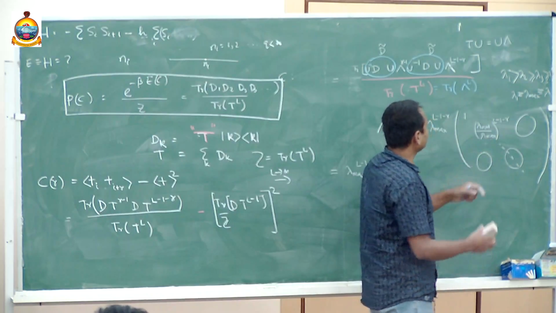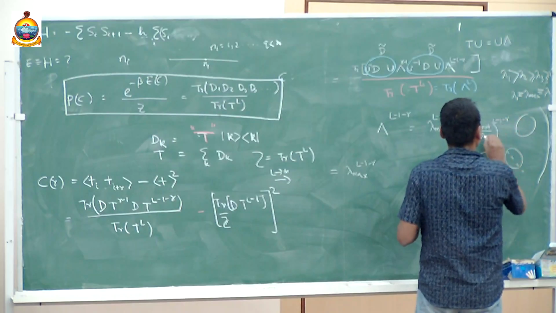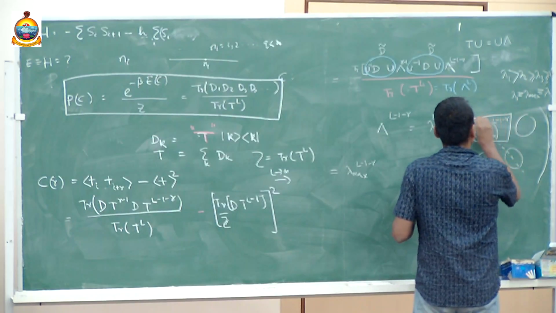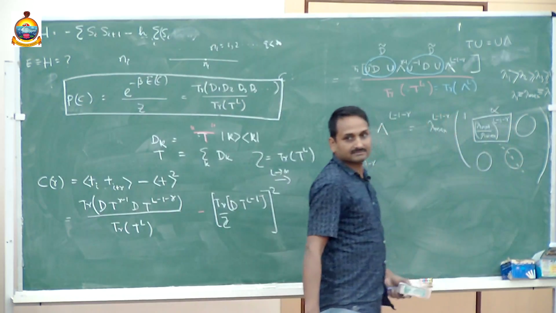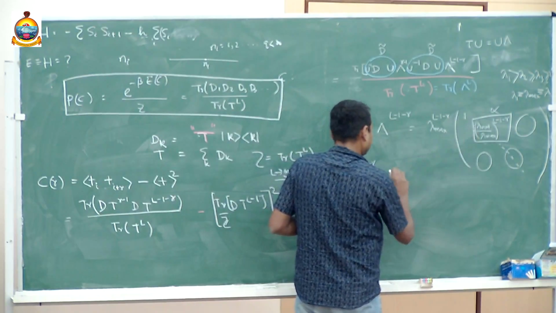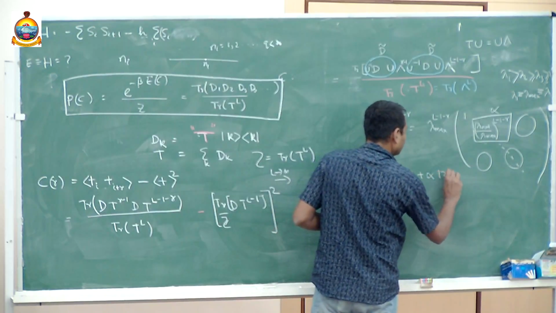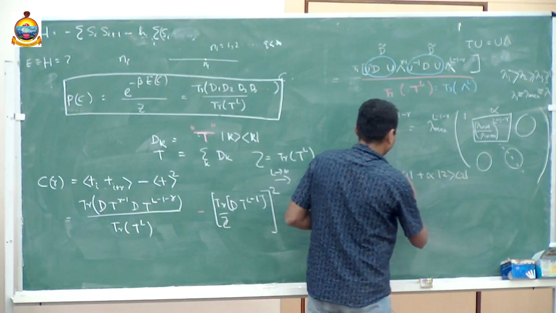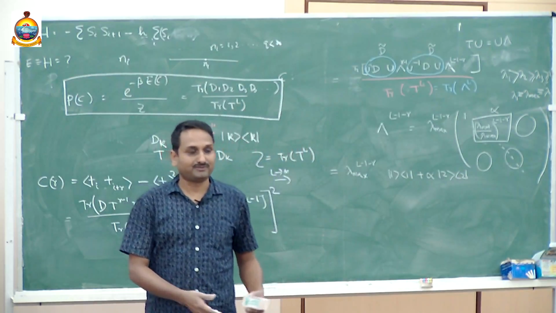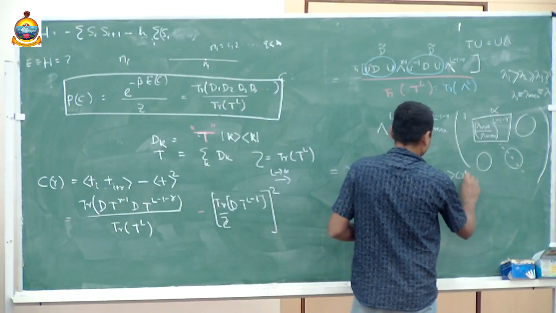For the time being, I call this one alpha. So lambda max to the power this, and this matrix is just 1 1 plus alpha 2 2. This is the eigenvector; this is 1 1 and this is 2 2, in the standard basis.